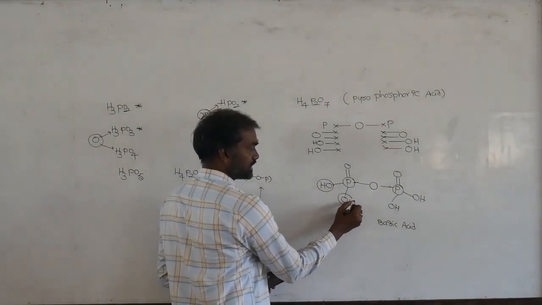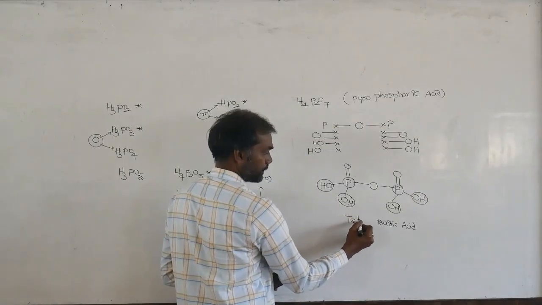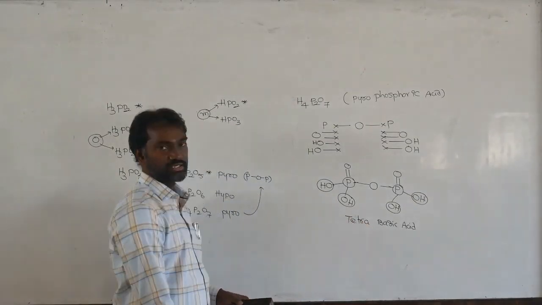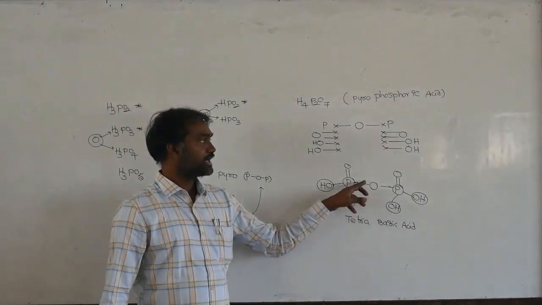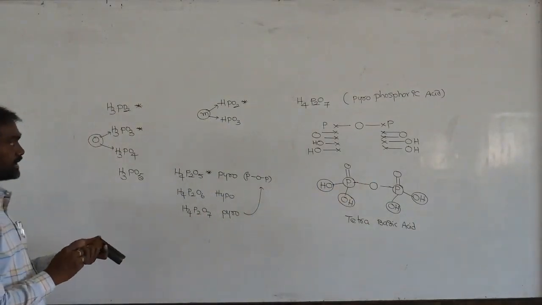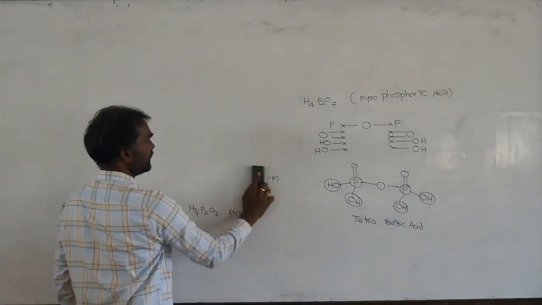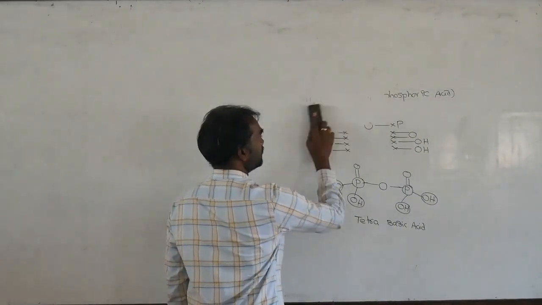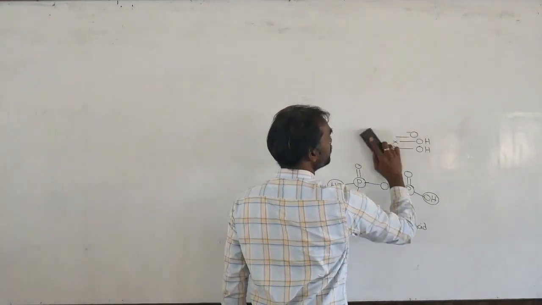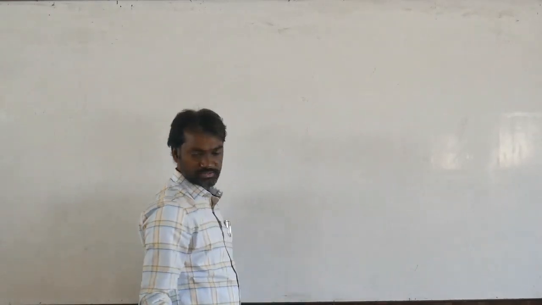One OH, second OH, third OH, four OH. So four OHs are there. So that's why it is a tetrabasic acid. These are the oxo acids and their structures. So structures are important in your theory. So just concentrate on these structures.